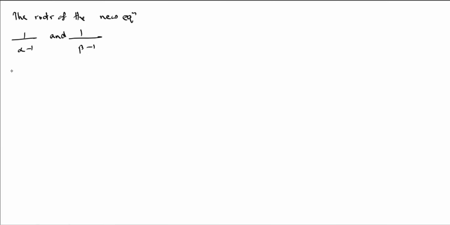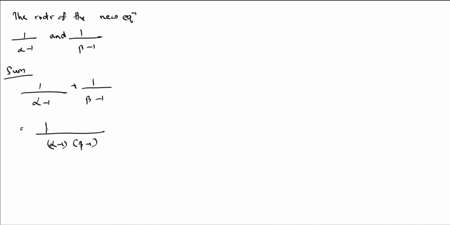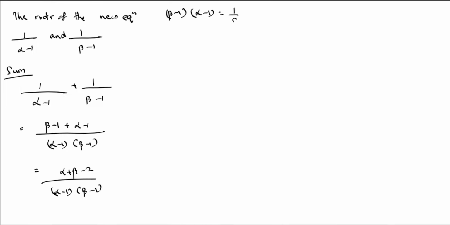So the sum of these, what will you get? The sum is 1 over alpha minus 1 plus 1 over beta minus 1. If you consider the sum, cross multiply: beta minus 1 plus alpha minus 1, so you have alpha plus beta minus 2 over (alpha minus 1)(beta minus 1). But we have already found that (alpha minus 1)(beta minus 1) is 1 over a plus b plus c.